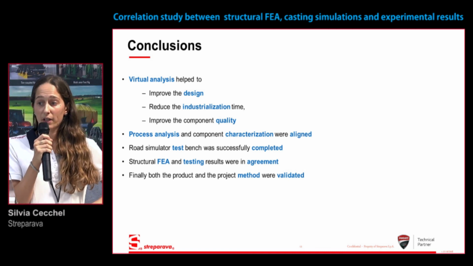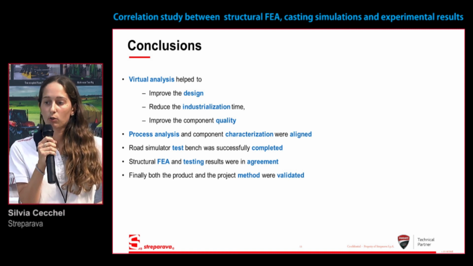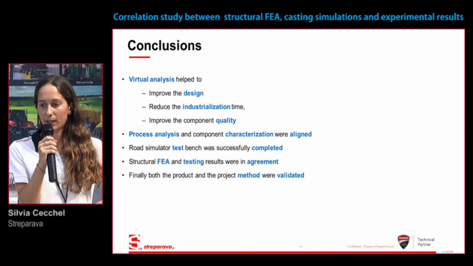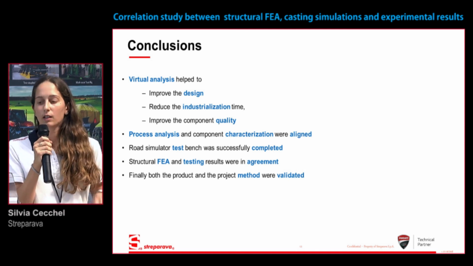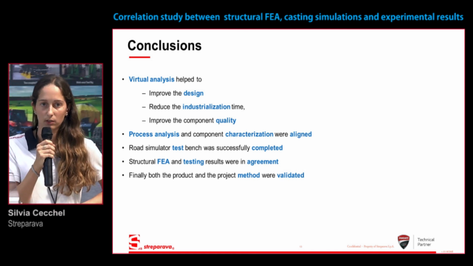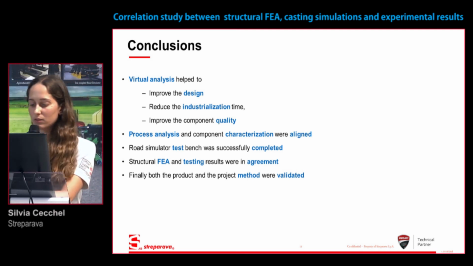And the road simulator test was completed, and also the correlation between the prediction and experimental tests was in agreement. And I have already said, but it's very important to underline that this correlation method is a relevant step that closed the loop of our R&D process. So this led us to the conclusion.